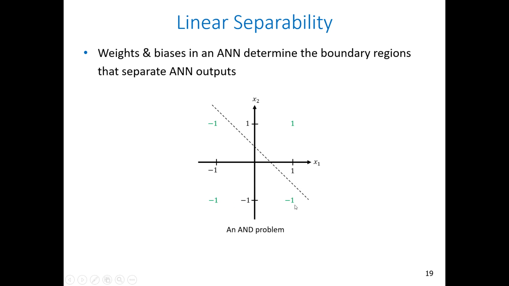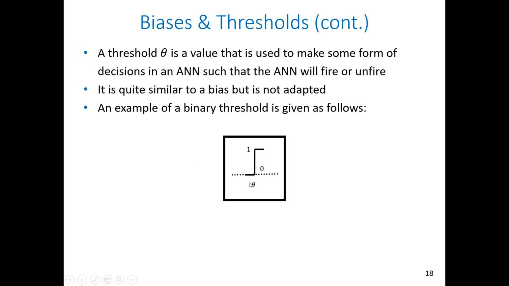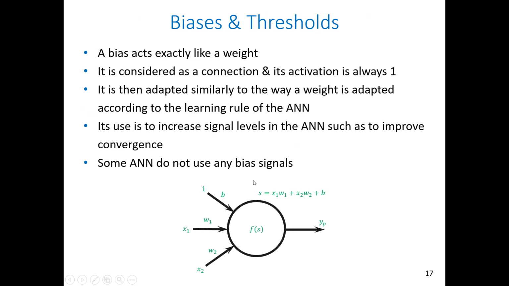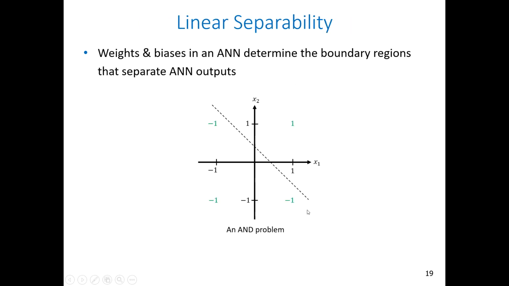For example, if you choose W1 to be 1, W2 to be 1, bias to be 0, and threshold to be 1, you will get a nice straight line that divides your space such that your neuron will give the correct output. You can try it in your own time as an exercise.